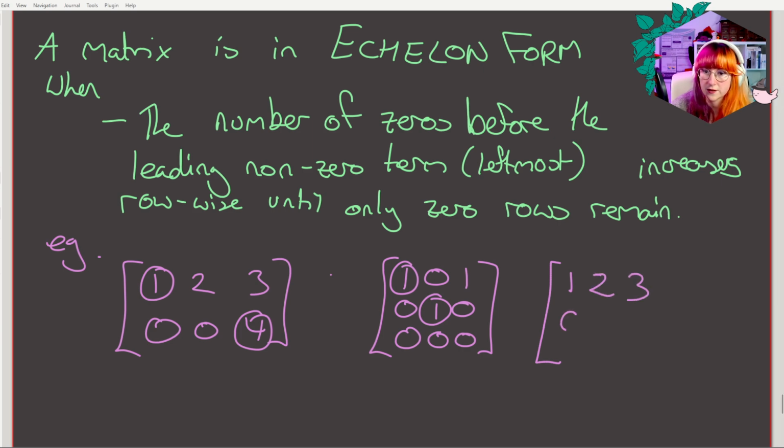1, 2, 3, 0, 0, 0, 0, 0, 1. This is not in row echelon form because of this row here.